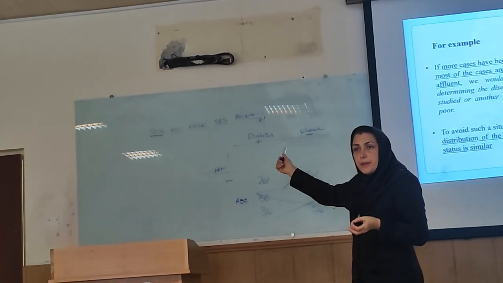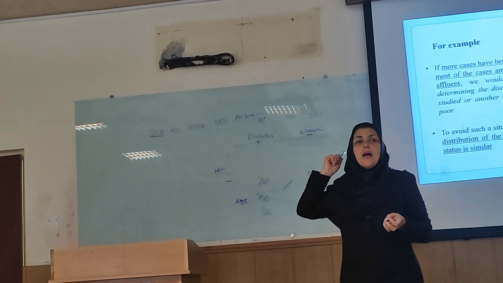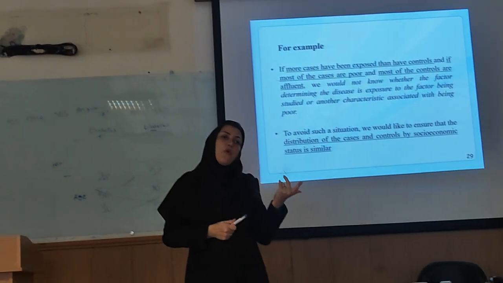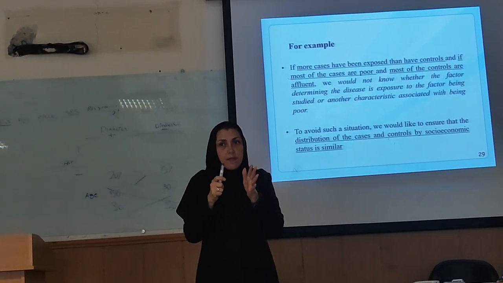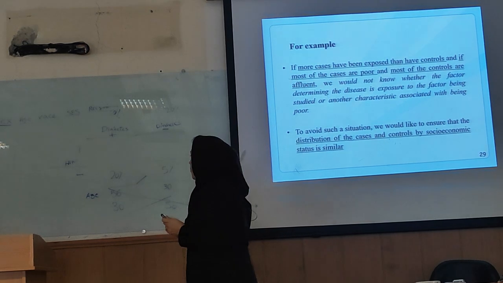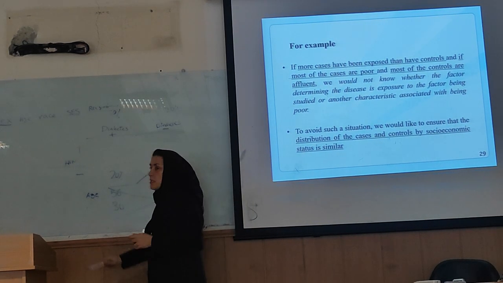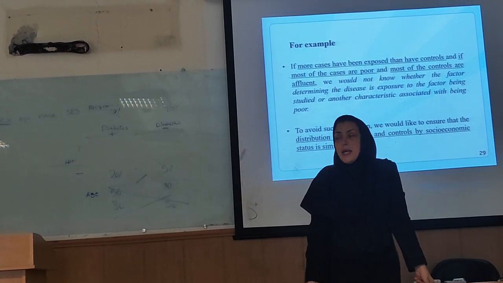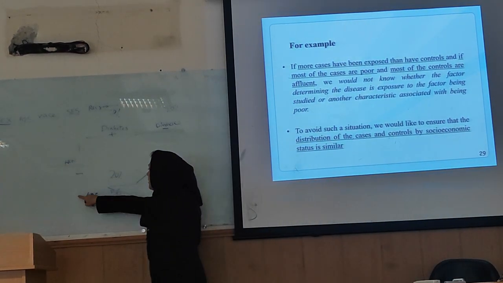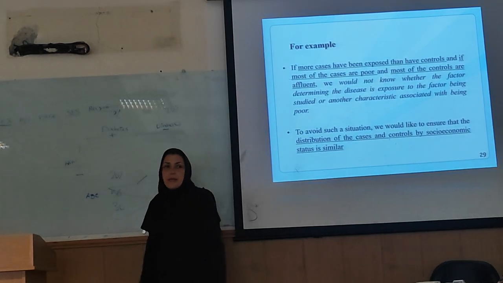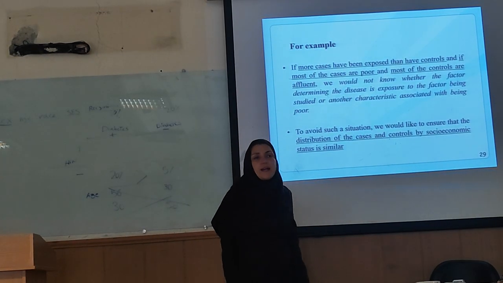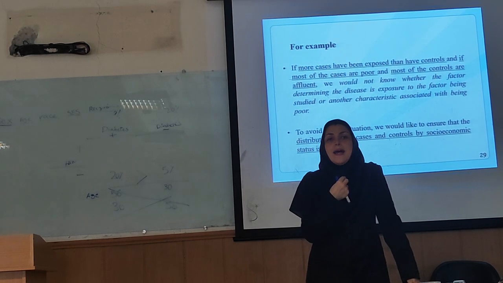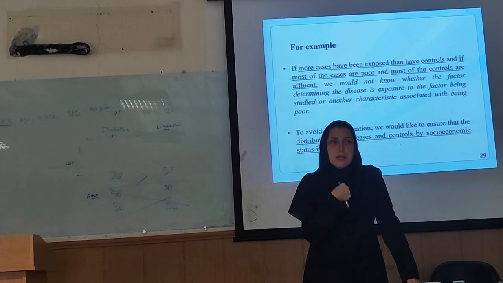It is a type of error that is overmatching. We try not to overmatch, but matching is a very good solution to combat confounding factors. Age, in this example, is named a confounding factor, that confounds and makes an error in our result.